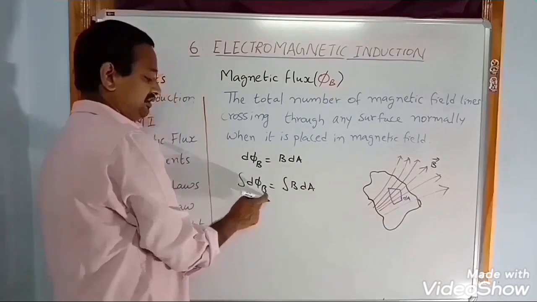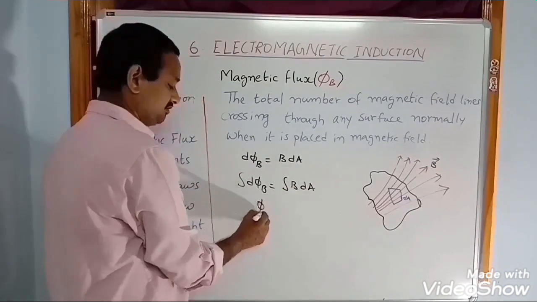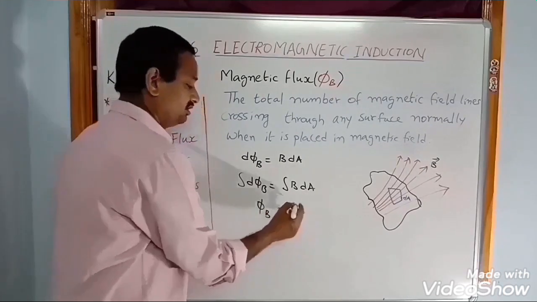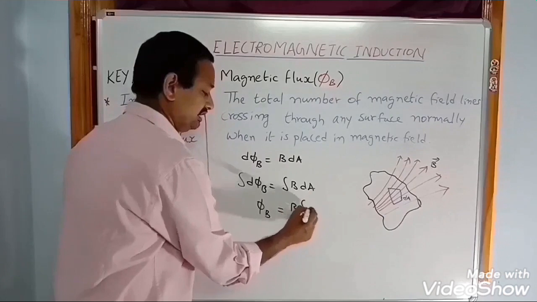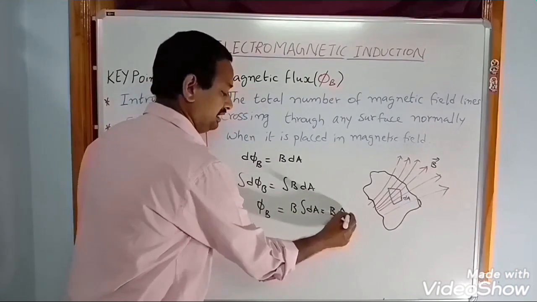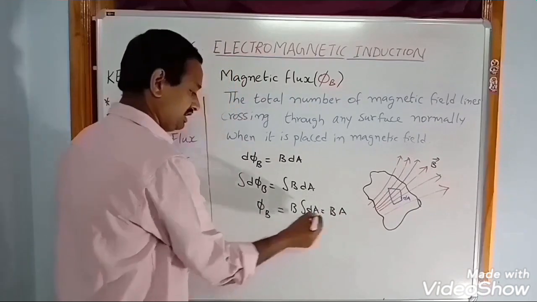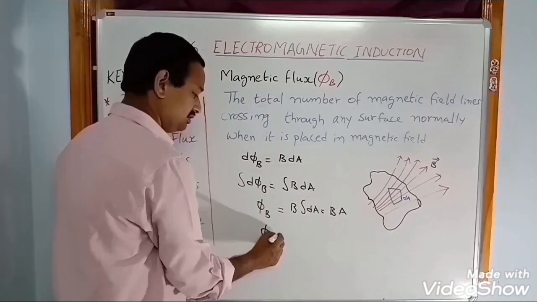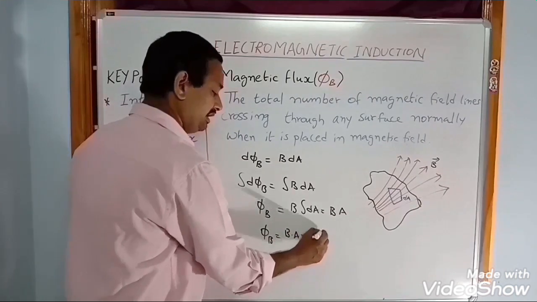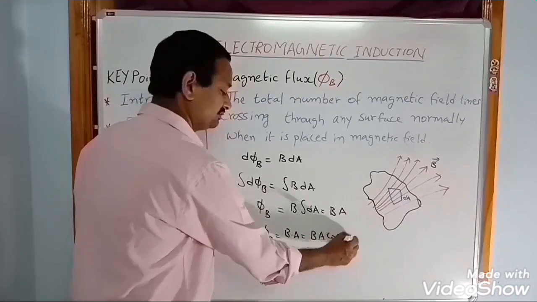Integral d phi b is phi b, the magnetic flux, that equals B, which I will write outside, integral dA, and integral dA is A. So finally we get phi b equal to B dot A, that equals BA cos theta.